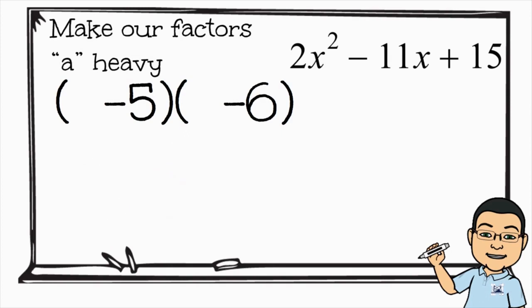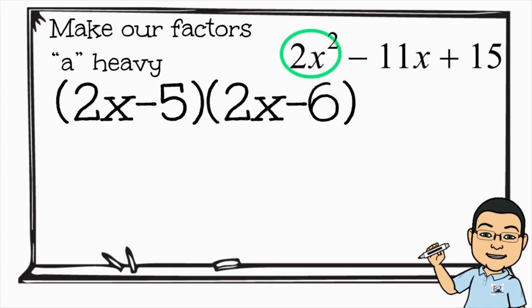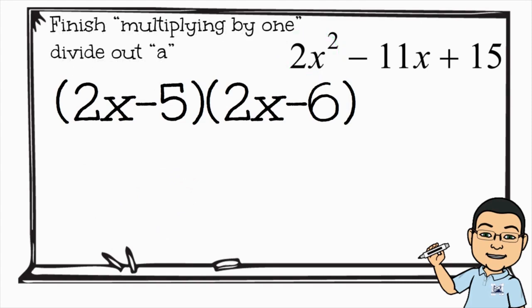So what if we were to allow this, but make our factors heavy by a factor of a? Plug that 2x into both locations. In doing so, we know that we have too much a in there. Our factor is heavy by a factor of 2. And so we can finish multiplying by 1, since we multiplied by 2 to start, by dividing by 2 to finish.